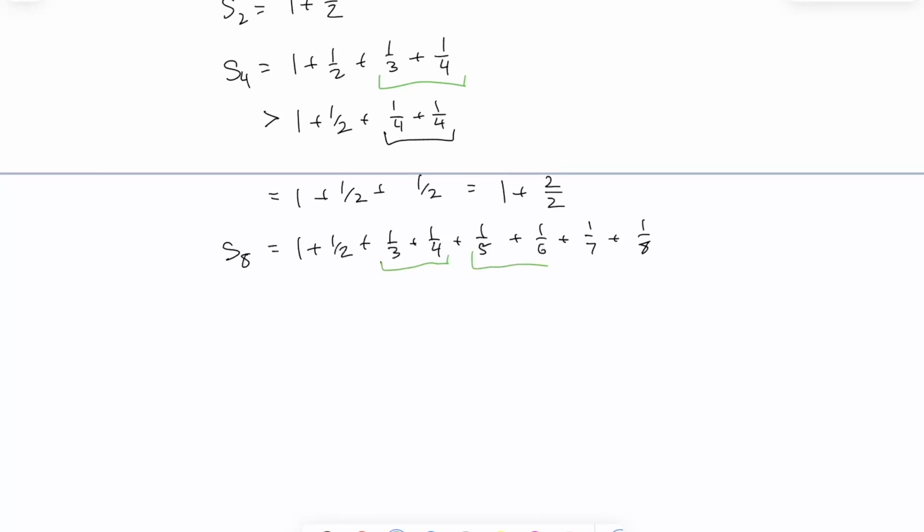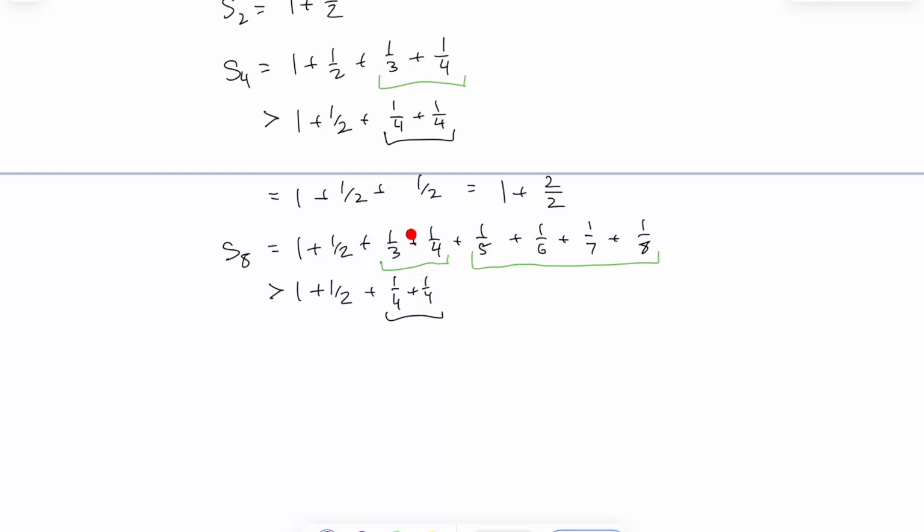And then I'm also going to group these guys, right? Take those 4 things. And I'm going to do a similar inequality like I did before. So this is going to be greater than, I'll leave the first two like they are. But this, 1/3, 1/4, I'm going to change to 1/4, 1/4. 1/4 and 1/4. All right?